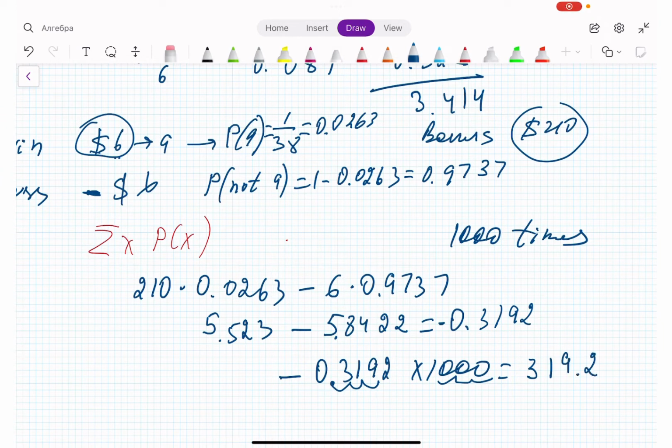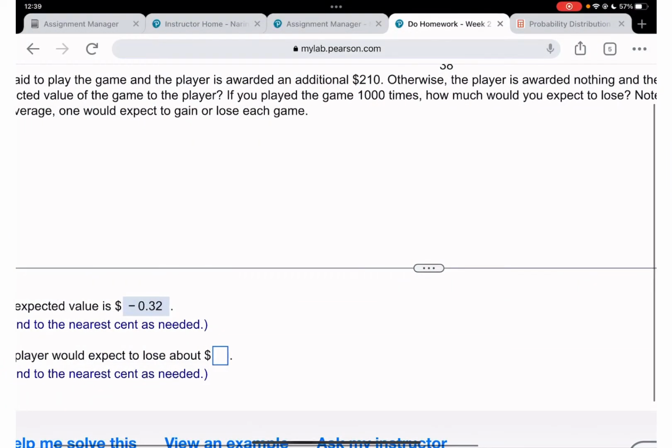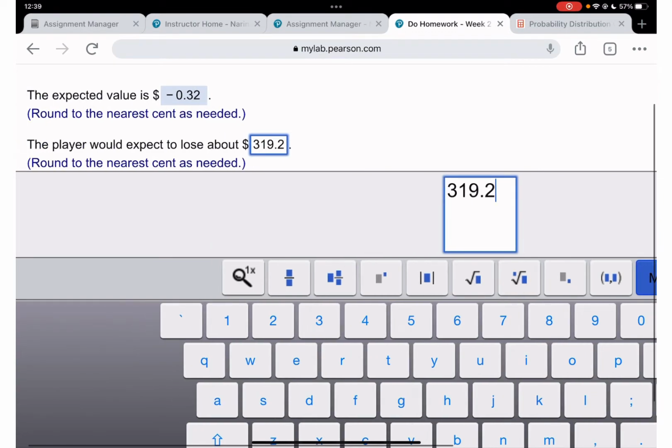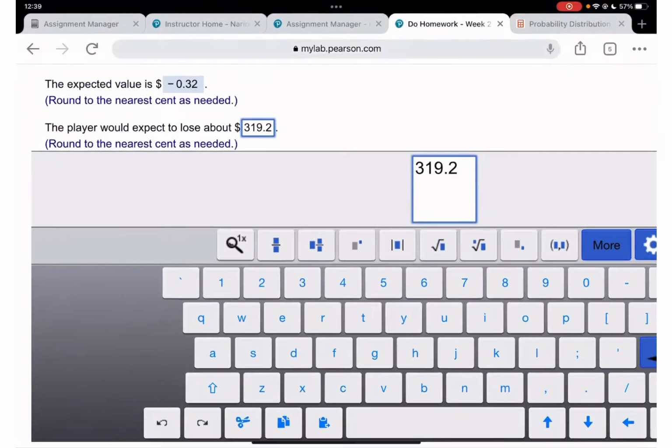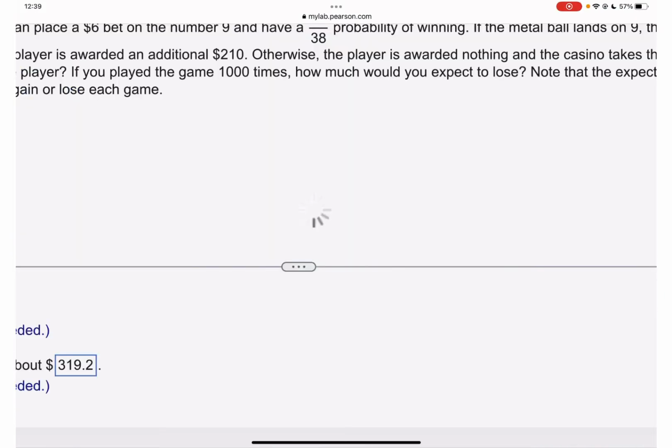So 319.2 total loss, because it's playing 1,000 times, the same game. Now, why I don't put a negative sign? Because it's already mentioning the loss, okay? And here it is.